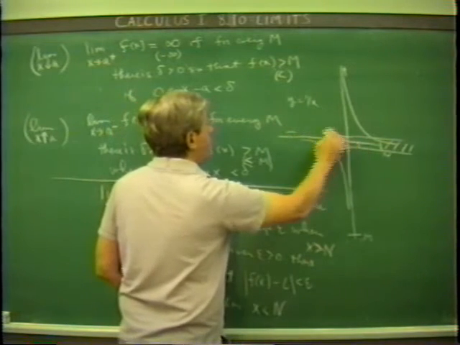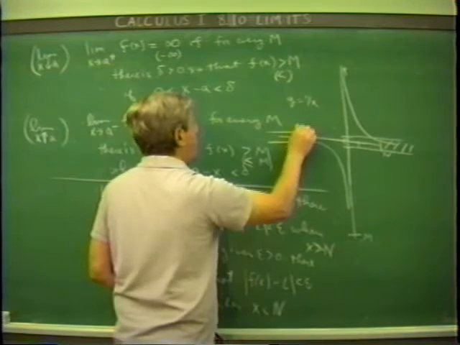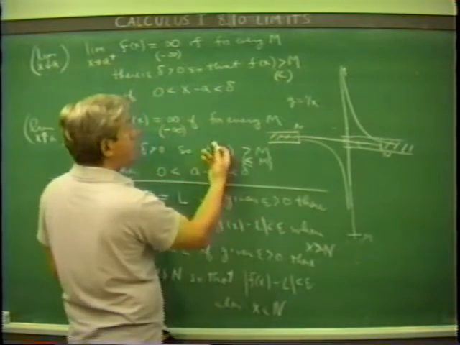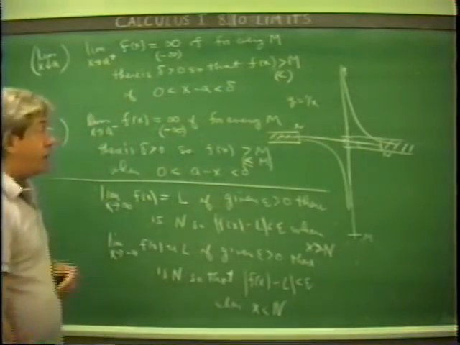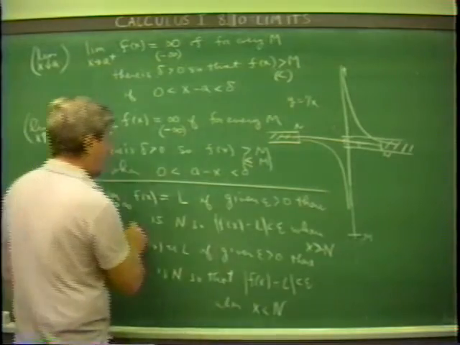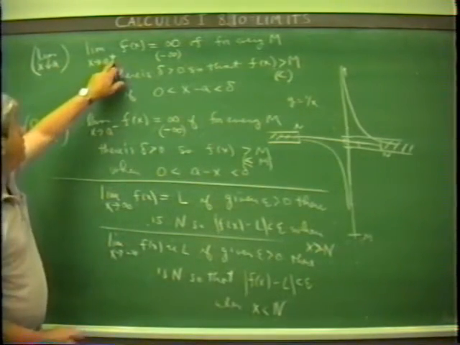So this function 1 over x approaches 0 as x approaches minus infinity, because if you want it to be within epsilon of 0, you need simply to choose an n, negative in this case, and whenever x is less than that n, then f of x will be within epsilon of 0.